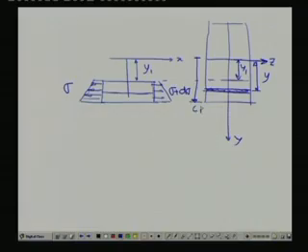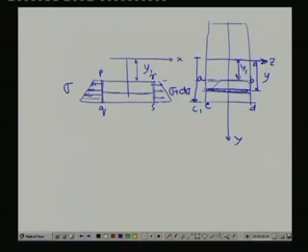Now, we are interested in finding the total normal force acting on this entire area A, B, C, D. If we consider this face as PQ and this side as RS, what is the force on the PQ side?